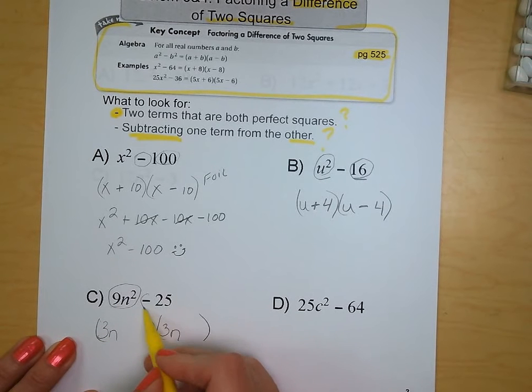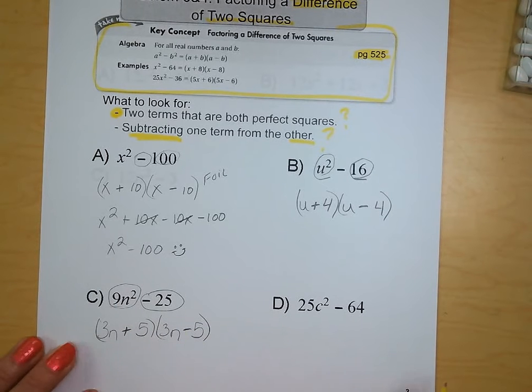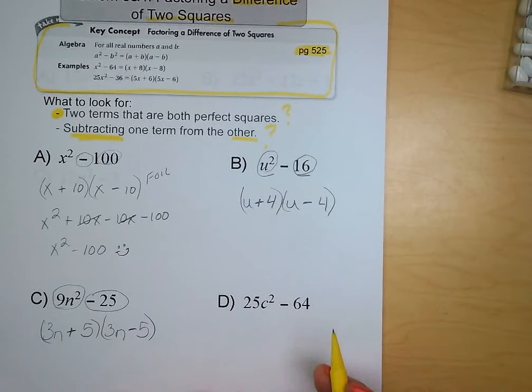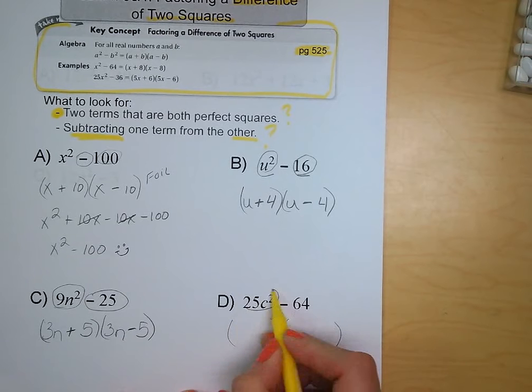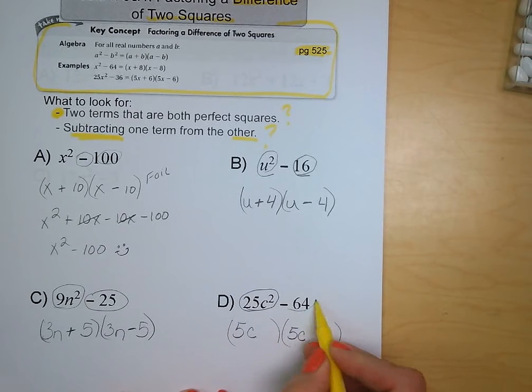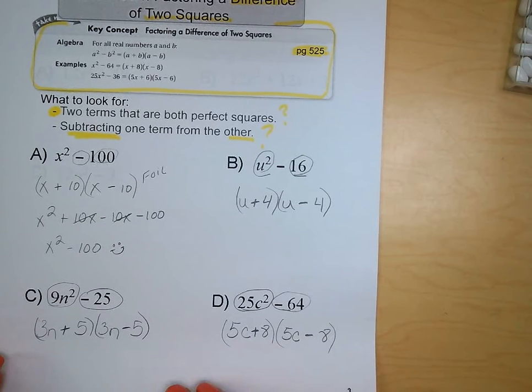And the square root of 25 is 5. One is added, one is subtracted. Same approach for letter D. 25c squared, we take the square root of that, we've got 5c and a 64. So we have our 8s, one is added, one is subtracted. Pretty simple, pretty straightforward.